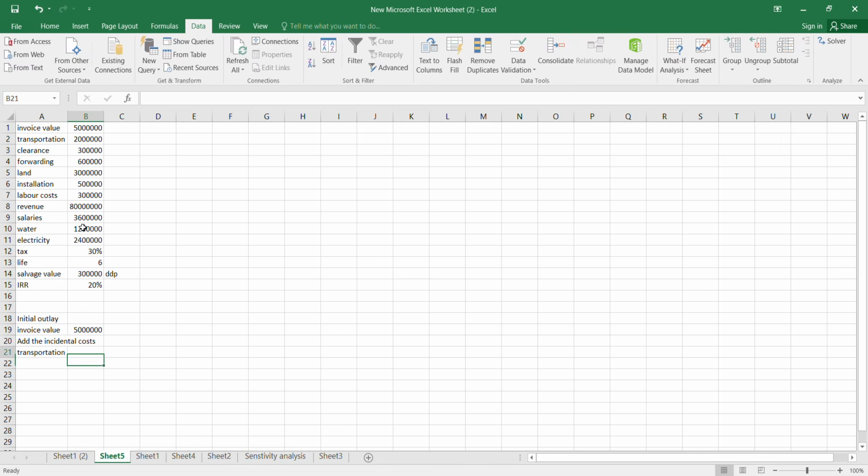Of course, we have transportation from Asia to Eastern Uganda. We shall have the clearance, 300,000. We shall have the forwarding, which is 600,000. Those are costs that are incurred while bringing or buying the machine.